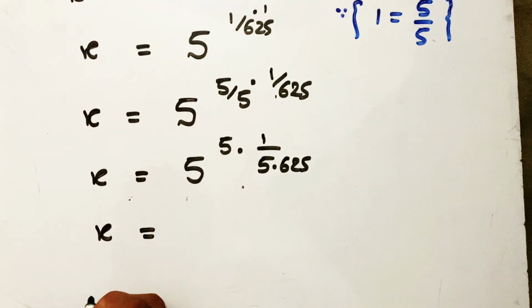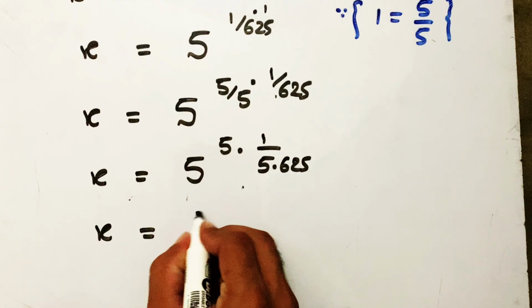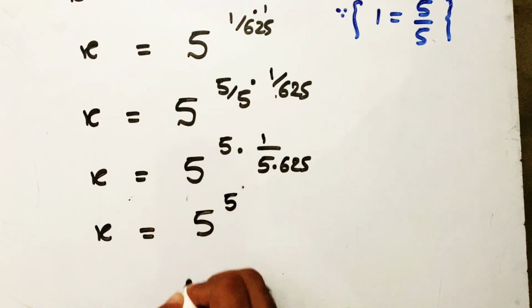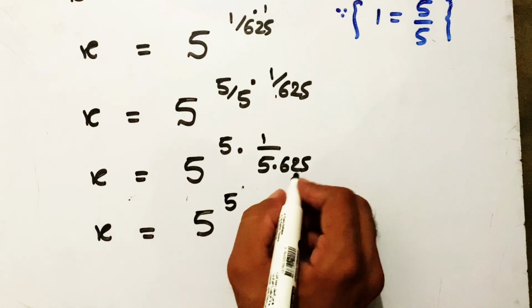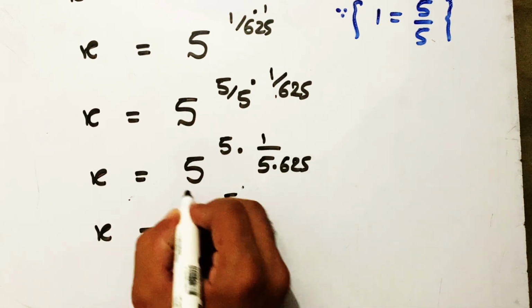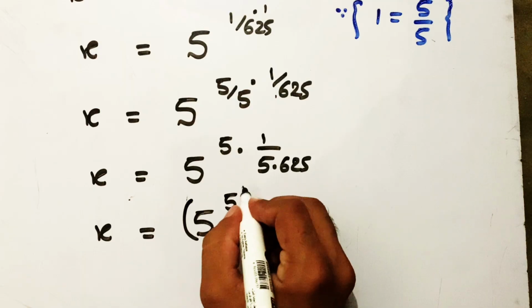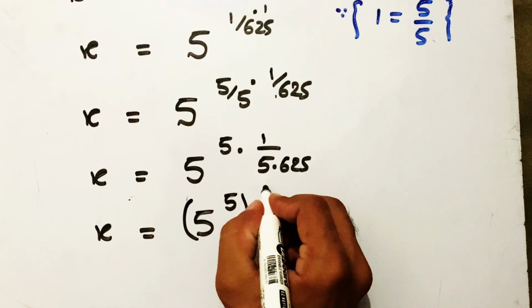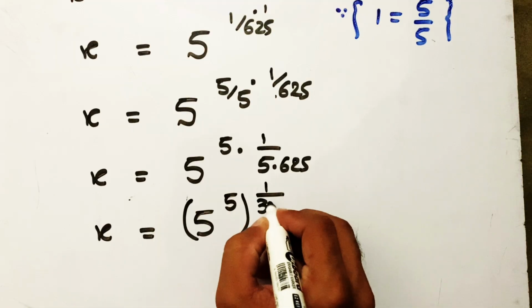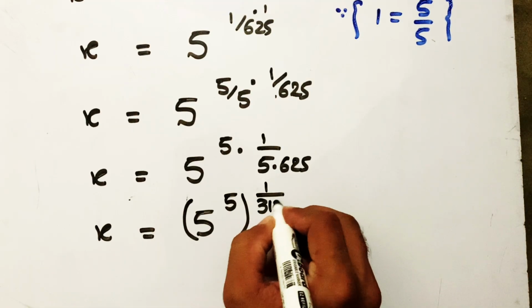So x equals 5 to the power of 5 and base 5, with the whole power 1 divided by 5 into 625, and 5 into 625 is 3125.